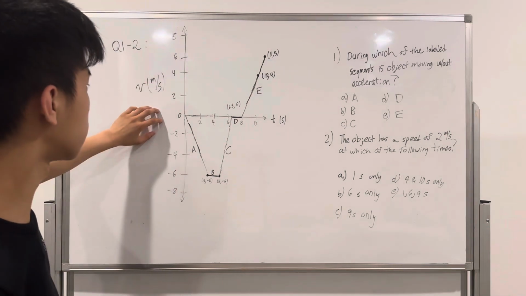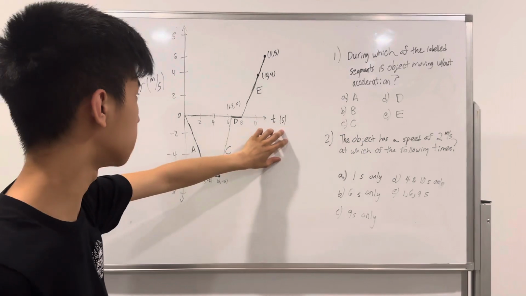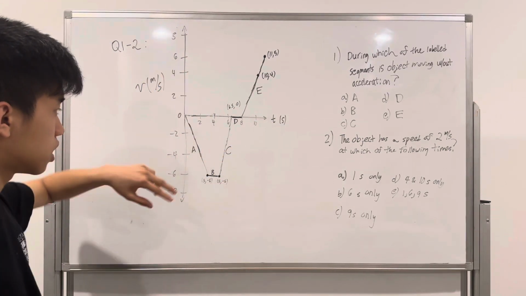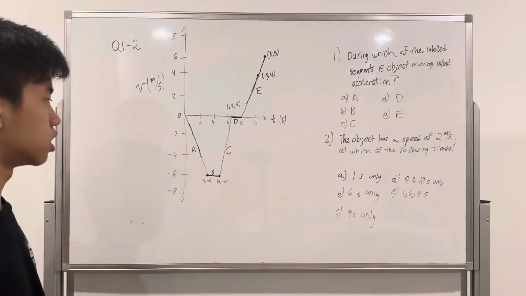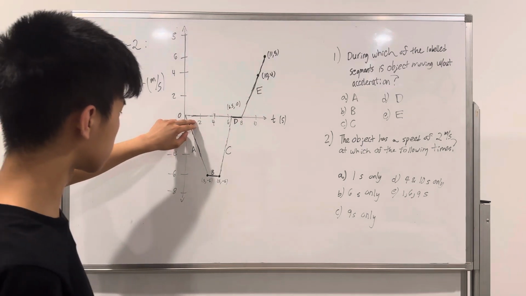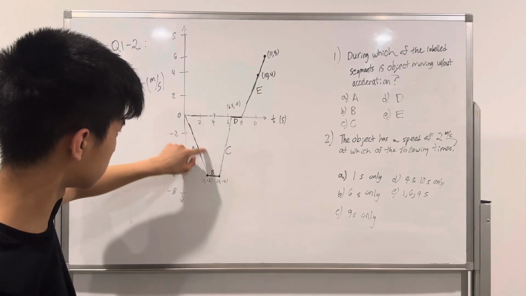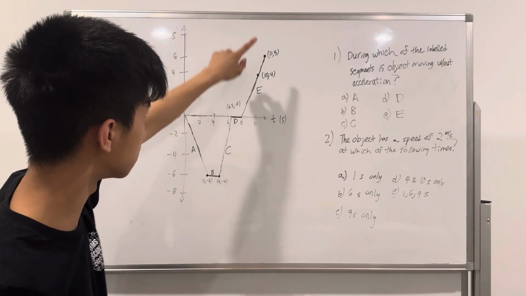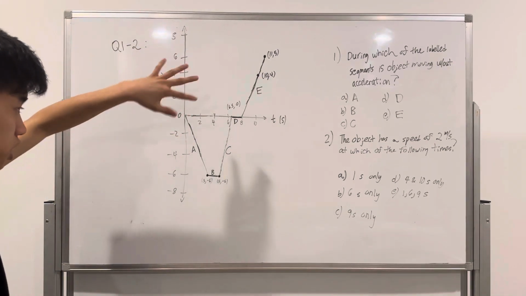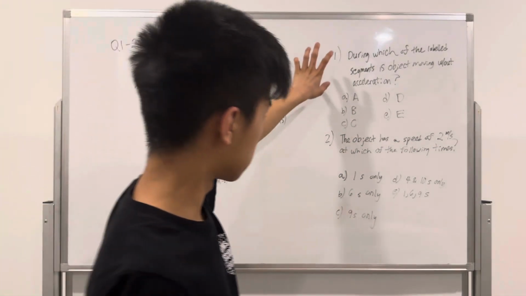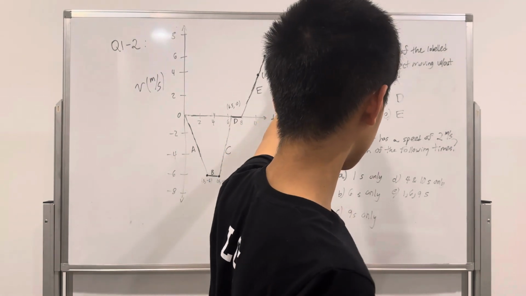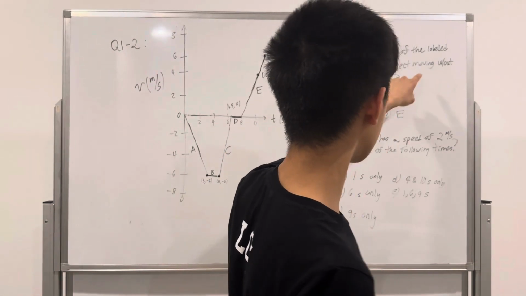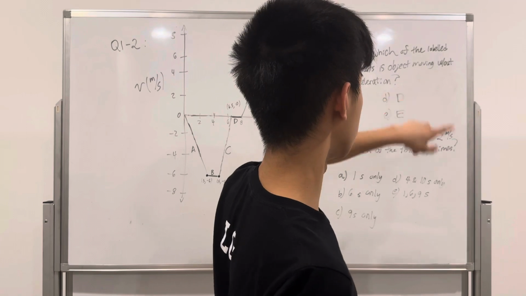So this is the graph for the velocity versus time of an object moving in a straight line. Here it starts off going like this. Take a second to read the graph and I'll cover the questions. During which of the labeled segments is the object moving without acceleration?